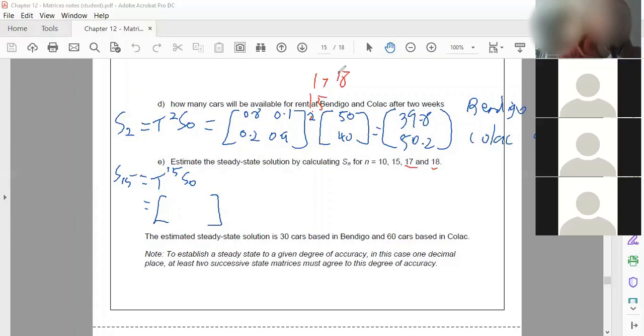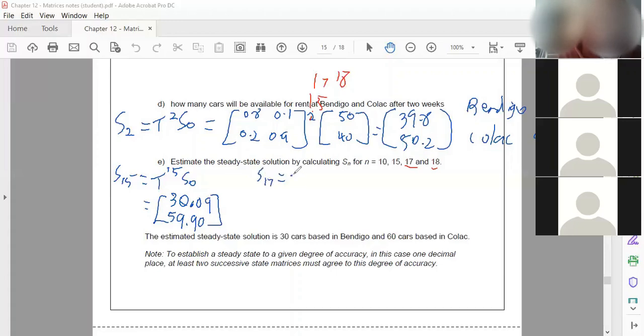That's all I'm doing on the calculator. So up arrow, enter, change the 2, which is a squared button, to a 15, enter. I get S of 15 is 30.09 and 59.905. Now I'm going to do S of 17 just to show you that there is a difference.